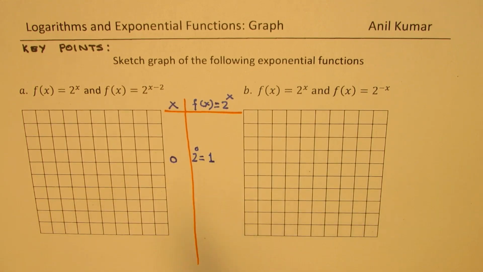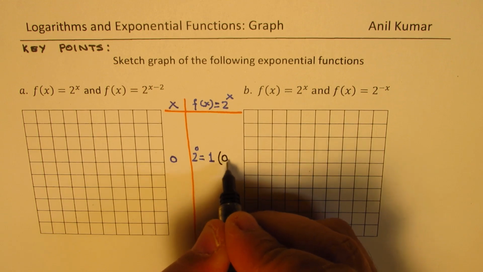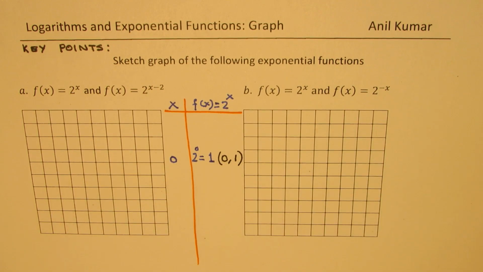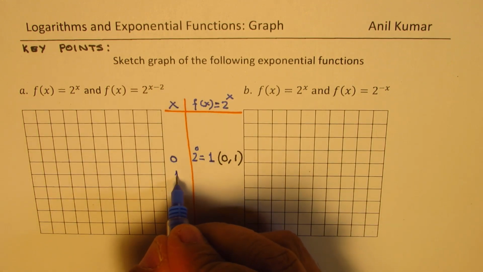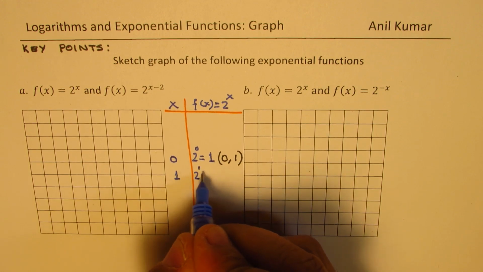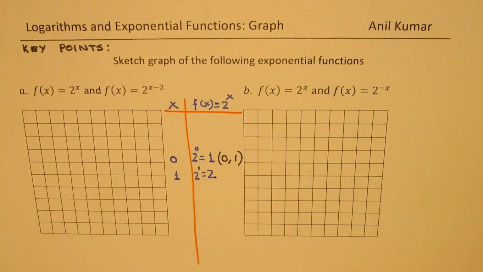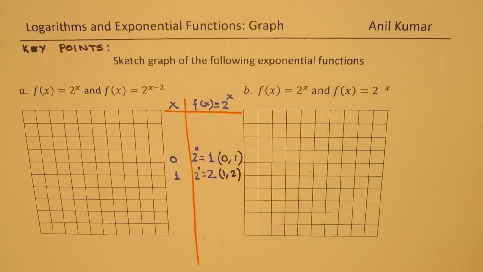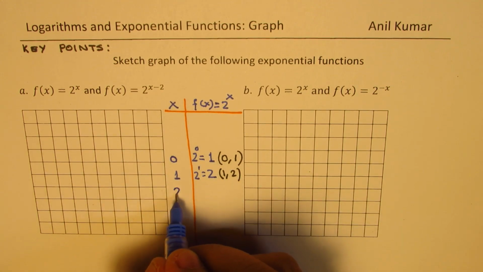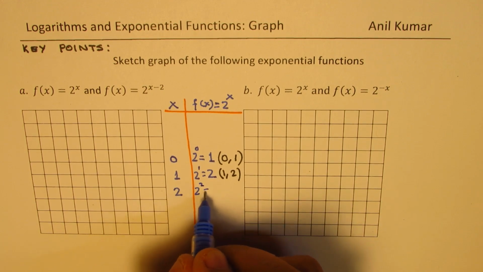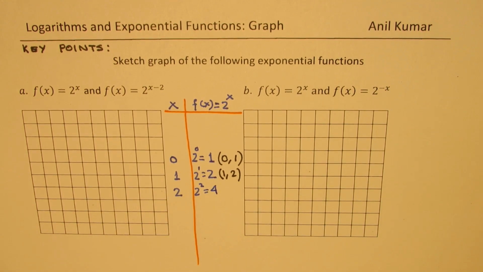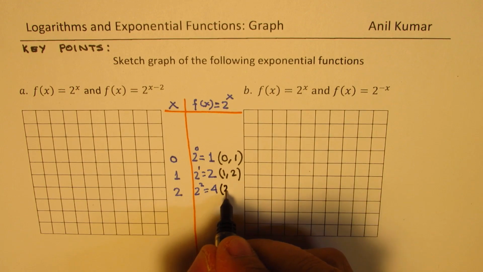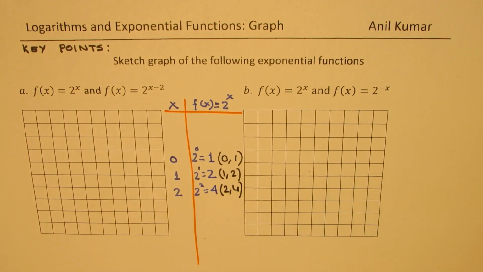So we get a coordinate point which will be (0, 1). If x is 1, then we get 2 to the power of 1, which is 2, so on the Cartesian plane we get the point (1, 2). And if x is 2, then we get 2 to the power of 2, which is 4, and the point corresponding to this will be (2, 4).